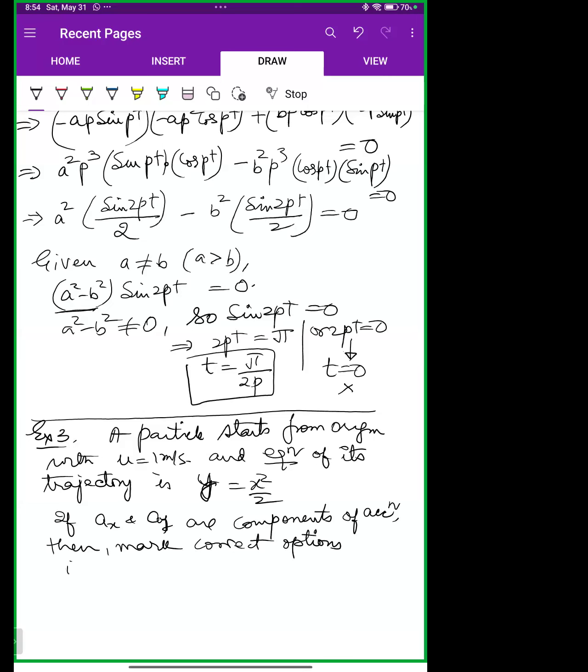First, ax is equal to 1 meter per second square implies that when the particle is at origin, then ay is equal to 1 meter per second square.